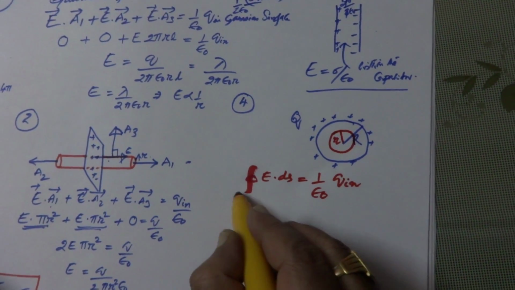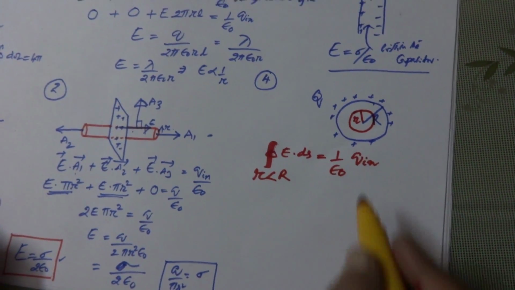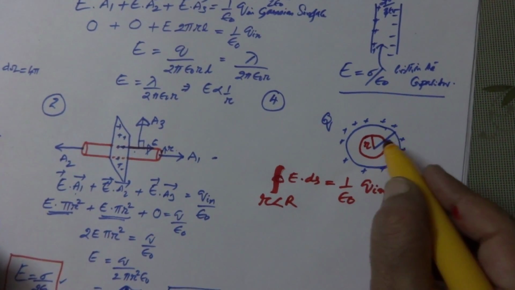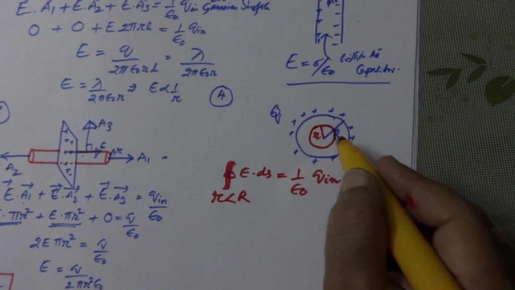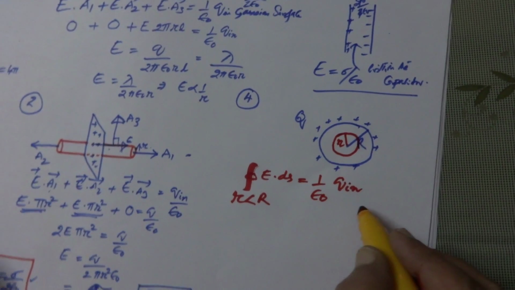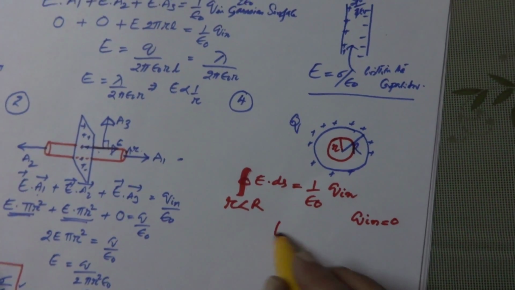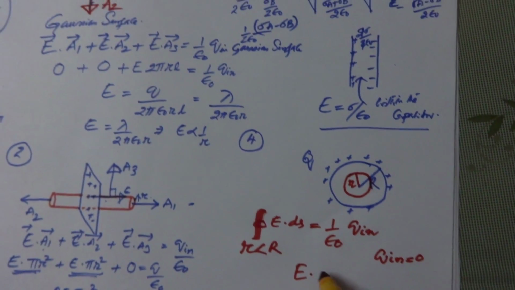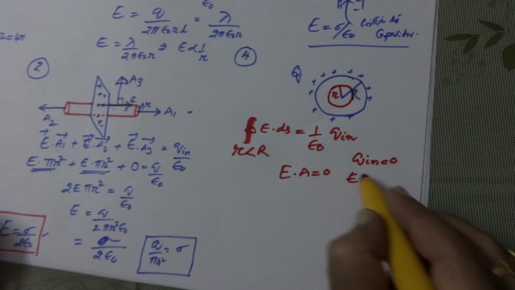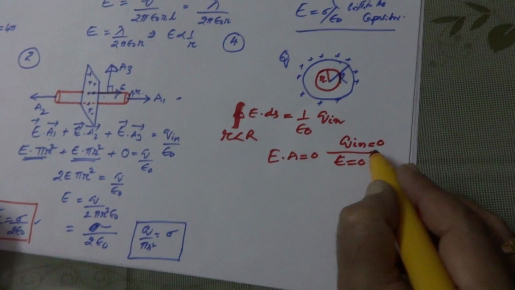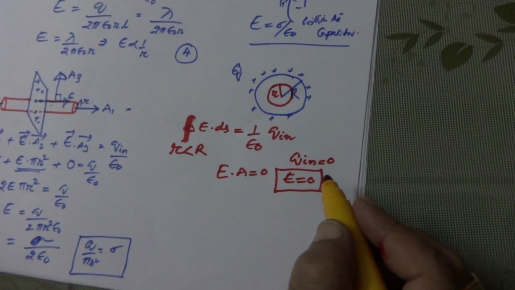We are calculating this when r is less than the radius. Now what is the inside charge? Whatever charge is given to the hollow sphere always comes onto its surface. Therefore Q in is 0. Therefore E times A is equal to 0, or you can say E is equal to 0. So the electric field inside a hollow sphere is always 0.